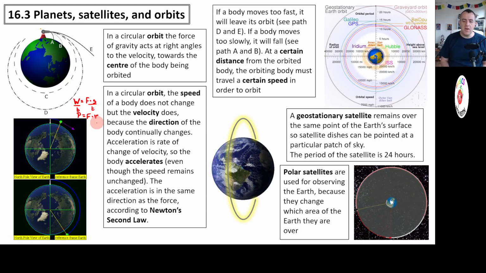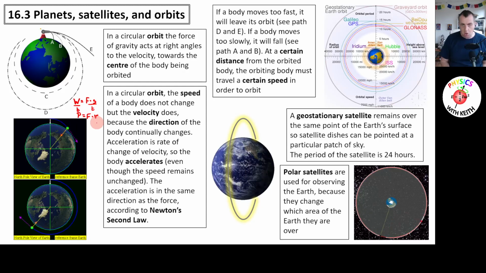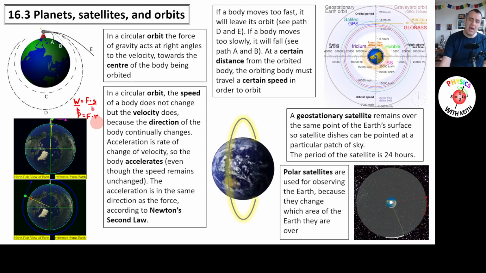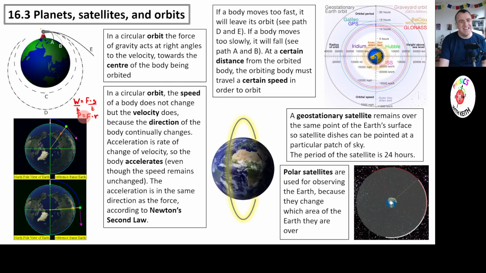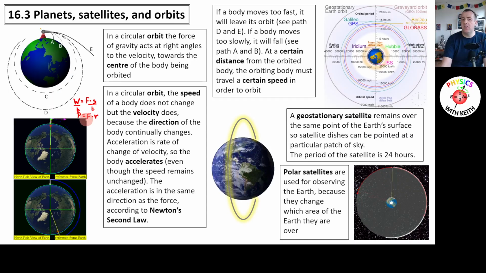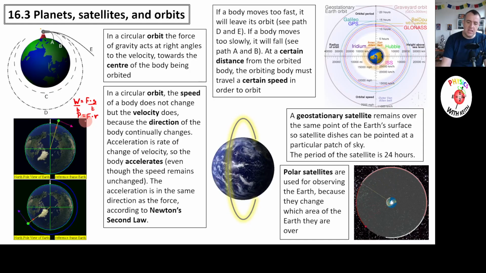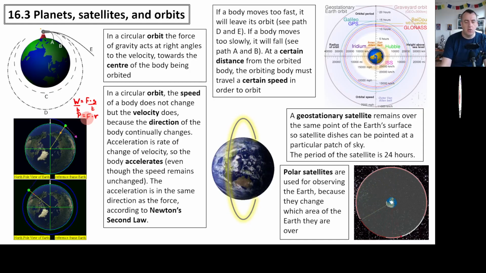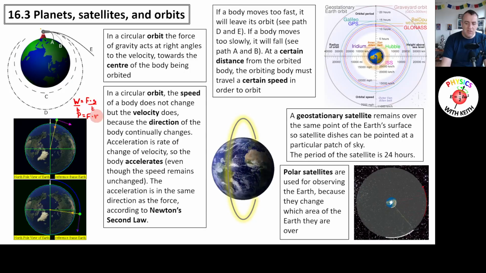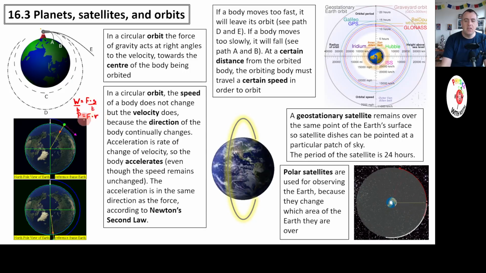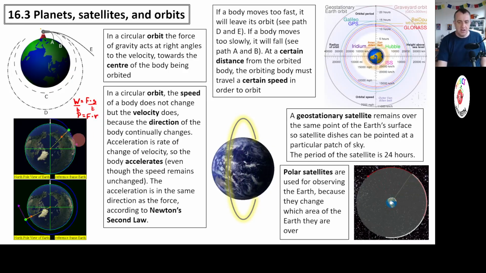And if F and V are perpendicular, no work is done. So the power, the rate of doing work on this green cannonball, is 0. No joules per second are transferred into the kinetic energy store of this cannonball, even though there's a gravitational force acting the whole time, and even though it's moving with a velocity, because F and V are perpendicular.